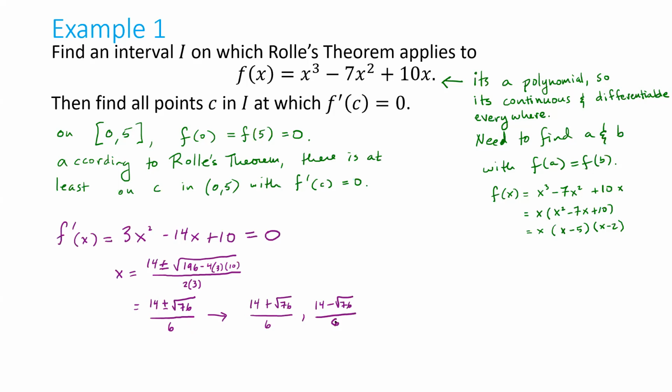My guess is that these are both going to be in that interval from 0 to 5. So let's check just to get an idea of what these values are. This one would be roughly 3.78, and this one would be roughly 0.88.